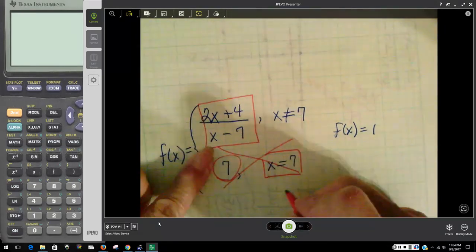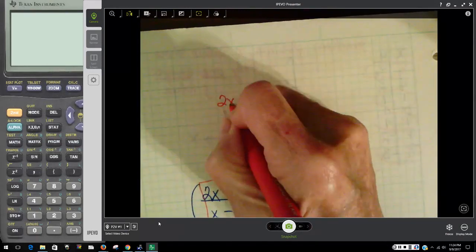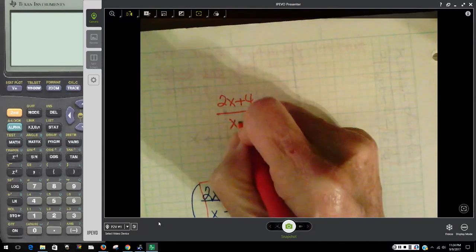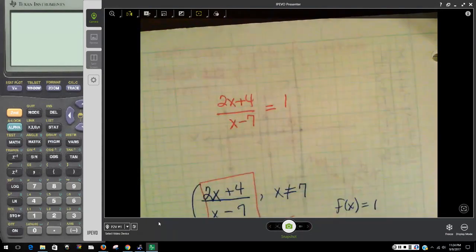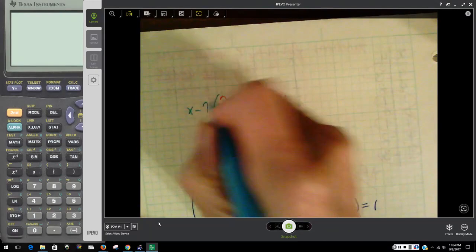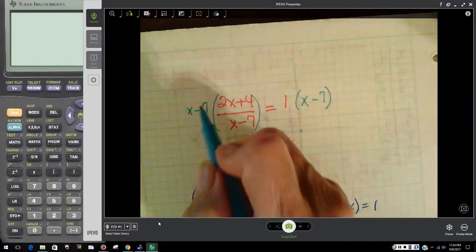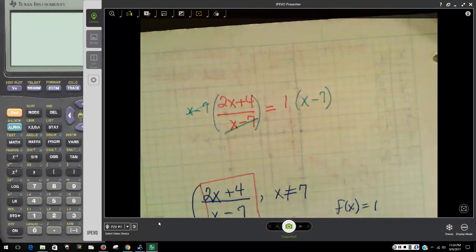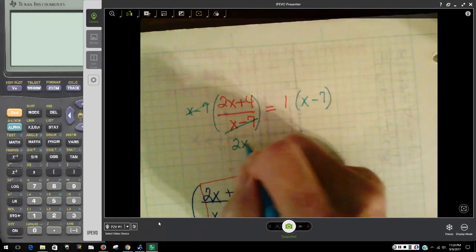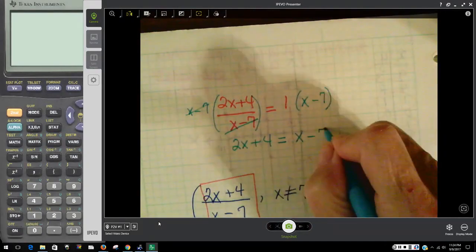So we're going to find out when is 2x plus 4 over x minus 7 equal to 1. And the way that we're going to solve this is we're going to multiply both sides by x minus 7. And then when we do that, x minus 7 cancels on the left-hand side, and we're left with 2x plus 4 is equal to 1 times x minus 7 is x minus 7.